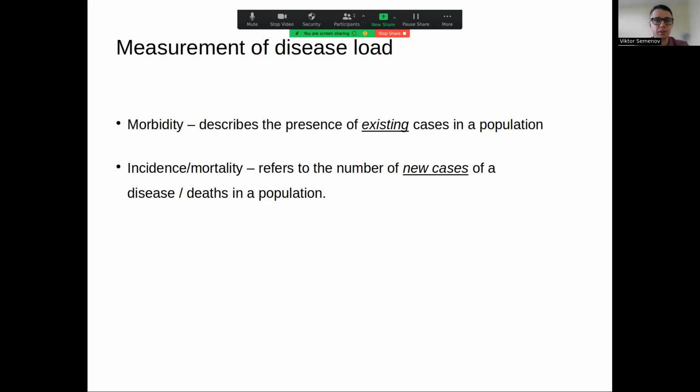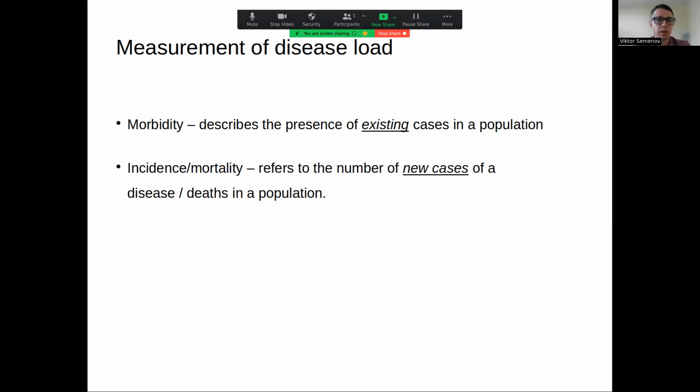Morbidity is the number which describes the presence of existing cases in the population. It doesn't matter how long these cases exist in the population. It matters that they exist at a certain period of time, for example, in a given year. So how many people are there in the population with a given disease in a given year? This will be morbidity, or prevalence, in other words the burden of the disease.